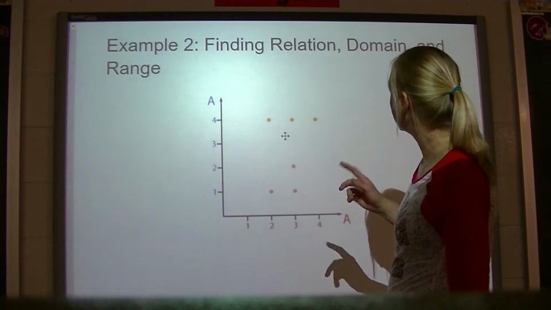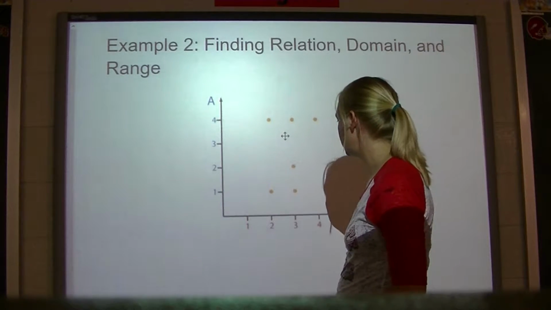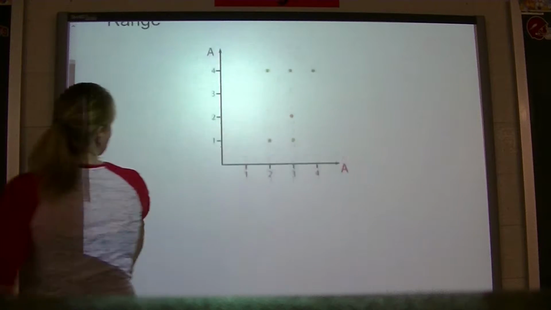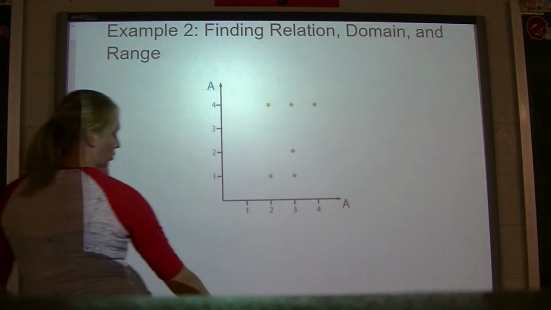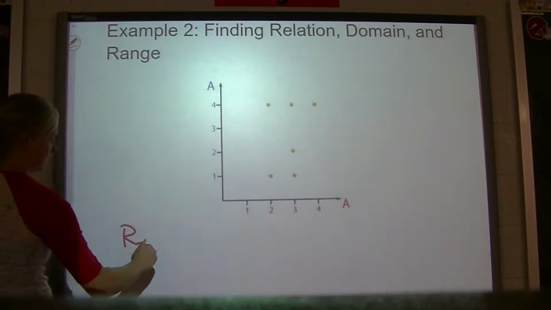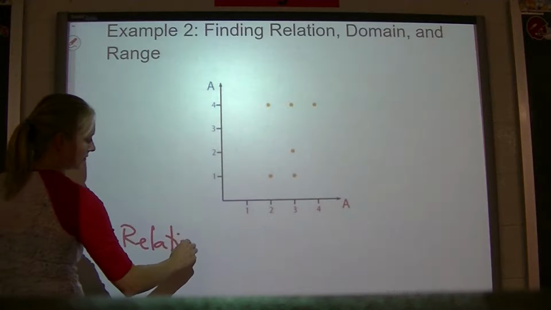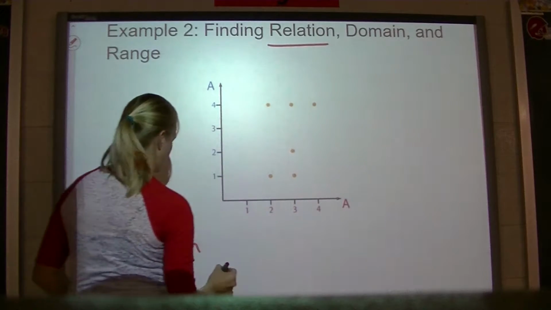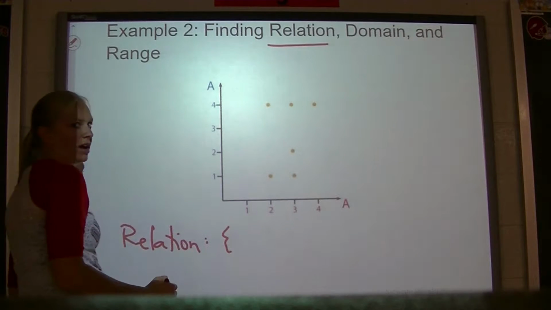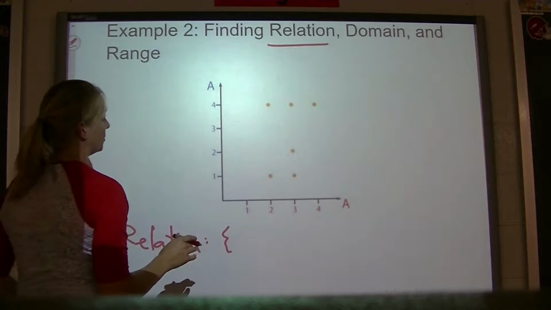So in this, finding the relation, domain, and range, to identify our relation here, we just list our ordered pairs. So the relation, and it's always brackets. I'm horrible at drawing brackets, I apologize.